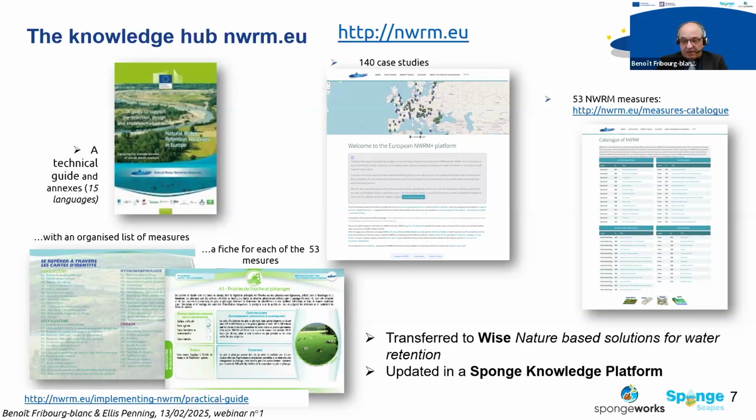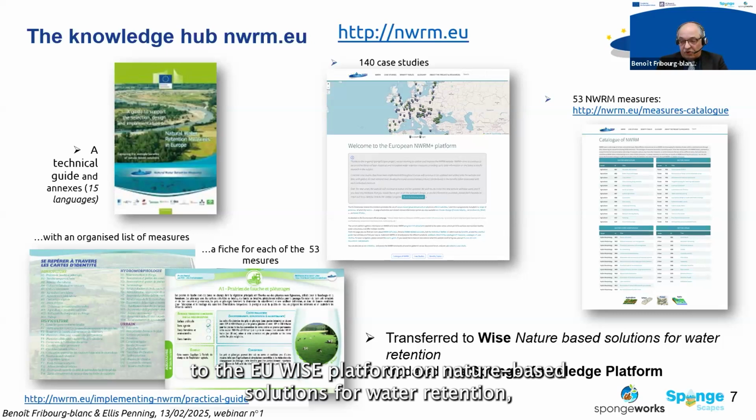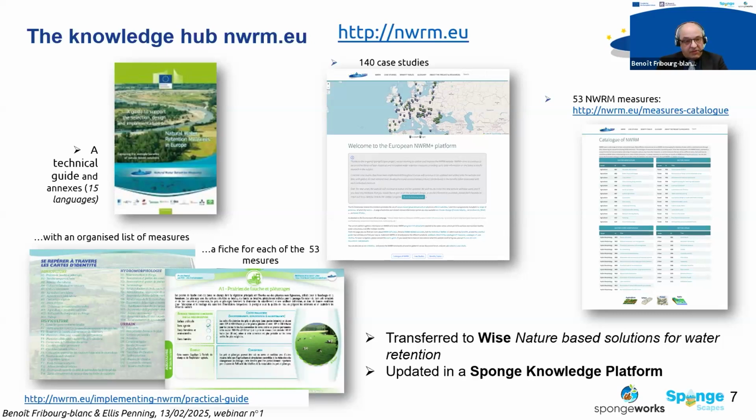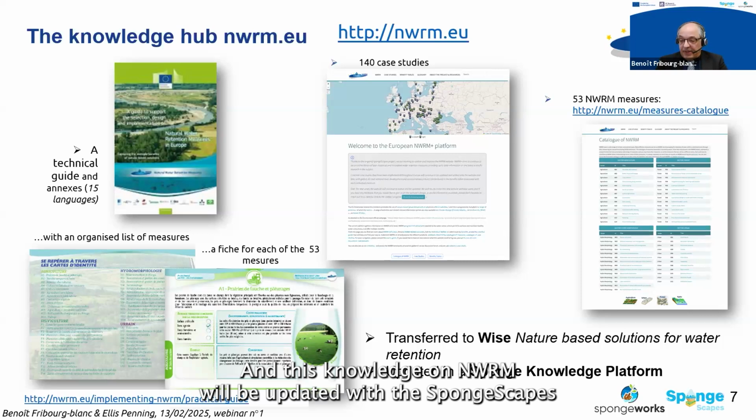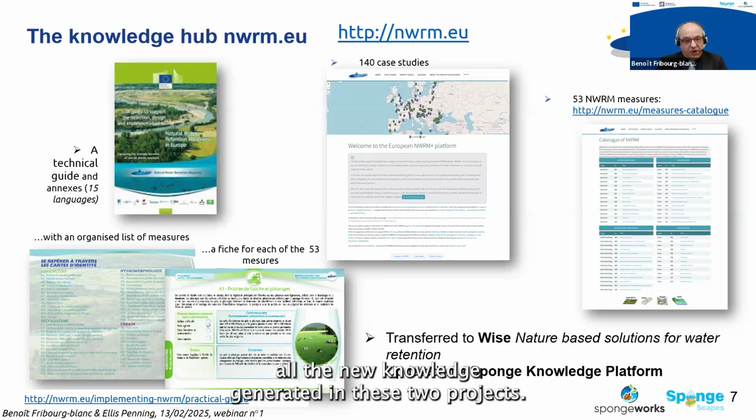It provides an EU basis. All this was transferred to the WISE nature-based solutions for water retention, which will be released very soon. And it will be updated in the SpongeScapes project and SpongeWorks, in the Sponge Knowledge platform, which can also appropriate all the new knowledge that will be elaborated in these two projects.